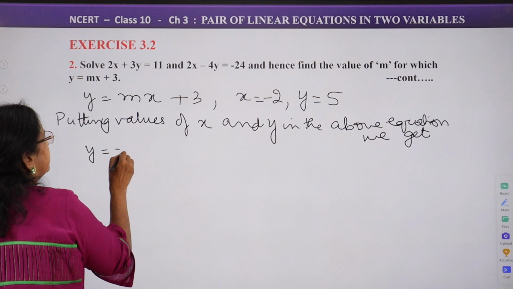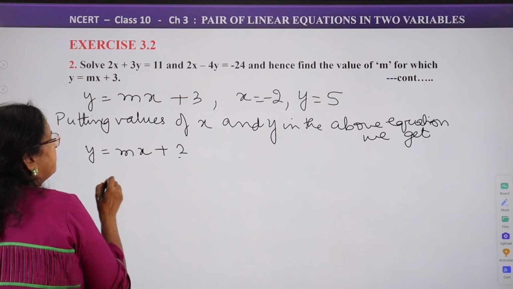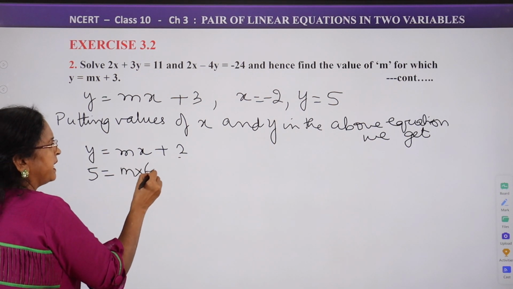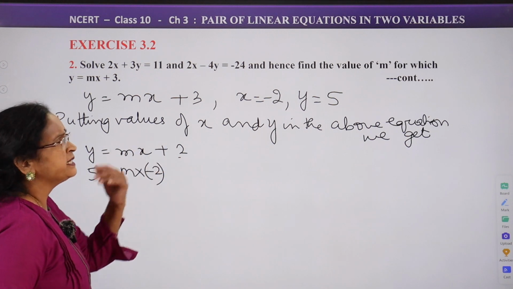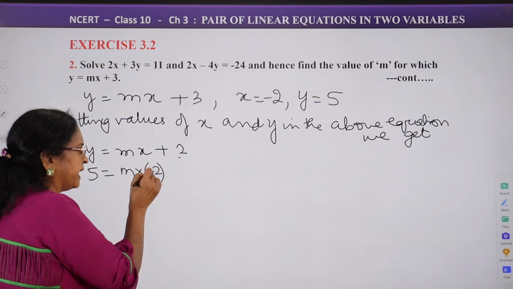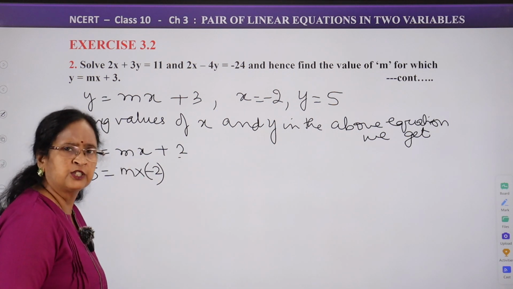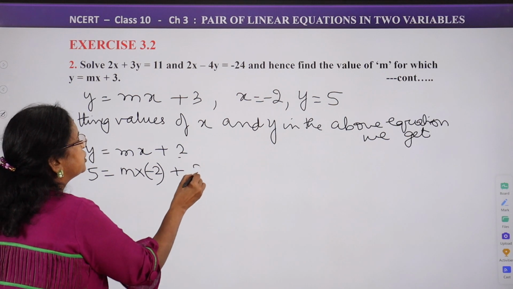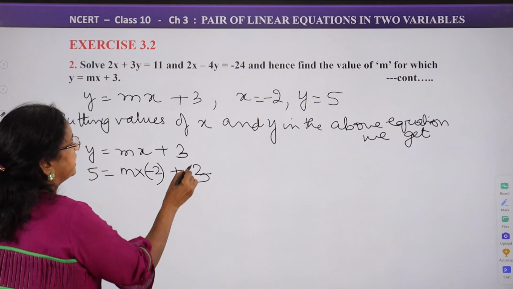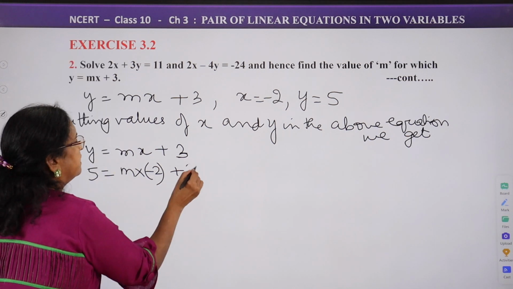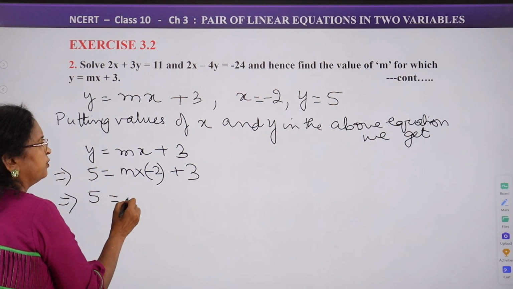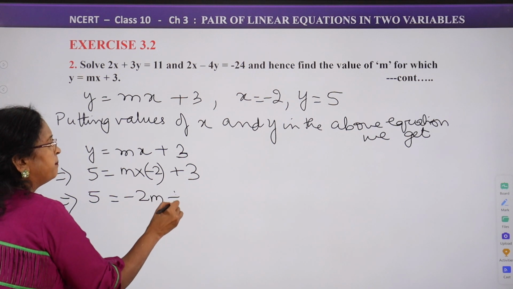Now y is equal to mx plus 3. Y is 5. Mx is minus 2. Now whenever minus sign comes, it is better and it is safe to write within brackets for correct results. Alright? Plus 3, sorry, it is 3. That implies 5 is equal to minus 2m plus 3.